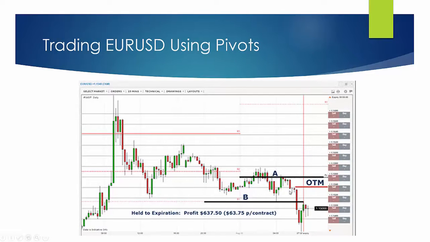Because I believed this would break the support area, I bought time, meaning instead of the typical 2-hour binary, I went out 4 hours to allow this binary to work in my favor and do exactly what I anticipated.